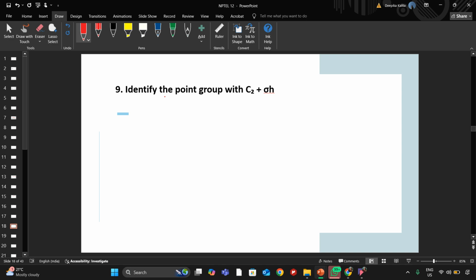Okay. So in the next question, you have to identify the point group of a crystal which is having the symmetry elements C2 and sigma h.